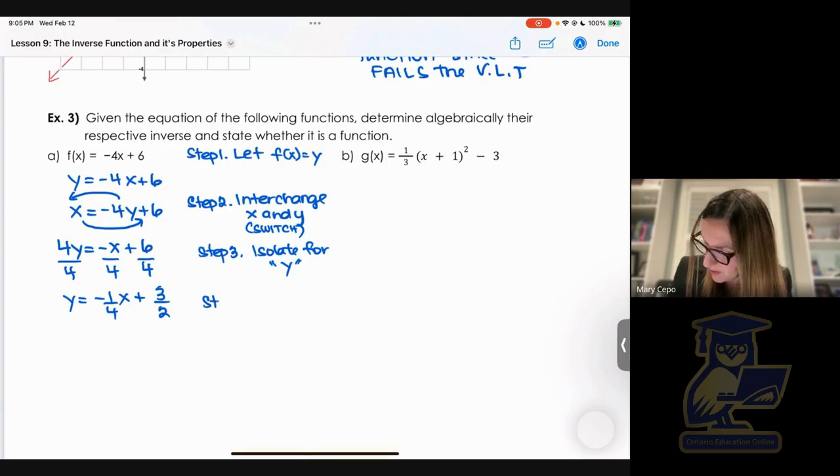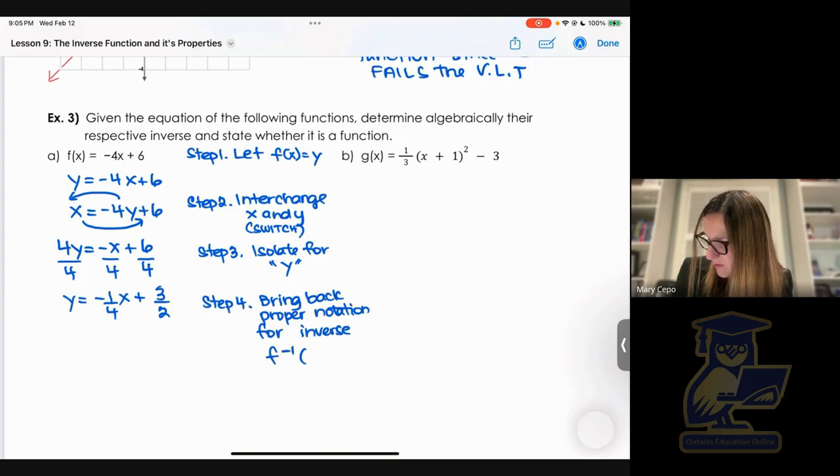So step 4, we would say, bring back proper notation for inverse, which is f inverse of x.